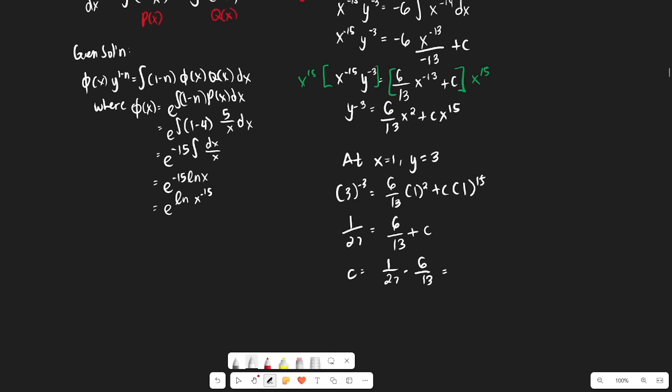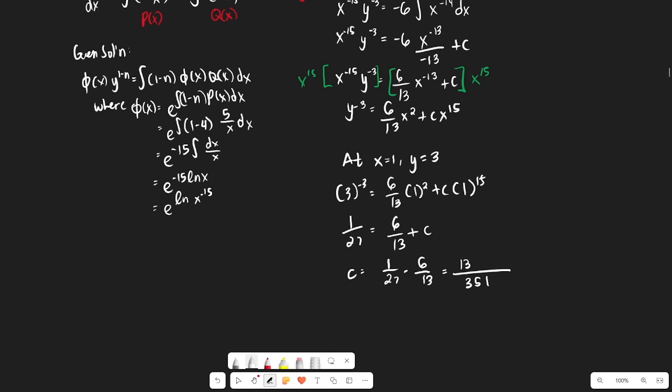So the next step would be to simplify this. To simplify this, let us get the LCD of the two. The LCD of the two is actually 351. Let's multiply 27 and 13, we're gonna get 351. For this part right here, we're gonna use 13.